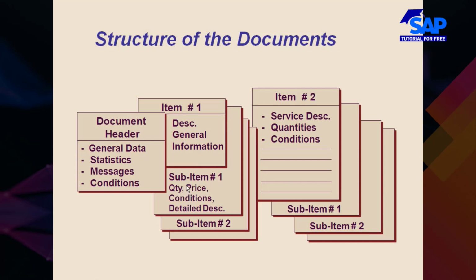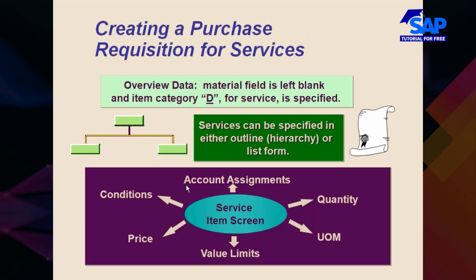In the creation of a purchase requisition for service, as you would have seen here, when you enter service, the system takes account assignment category, value limits, quantity, unit of measure, conditions, price, so on and so forth.